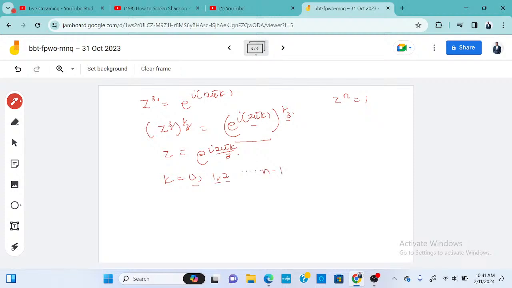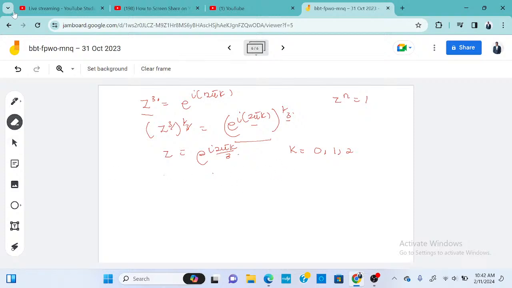Since you are finding the cube root of z, we are expected to choose values of k starting from 0, 1, 2, but it shouldn't be equal to 3, only less than 3. For that reason, in our problem, we will choose k to be equal to 0, 1, and 2 to get all the 3 values of our roots.